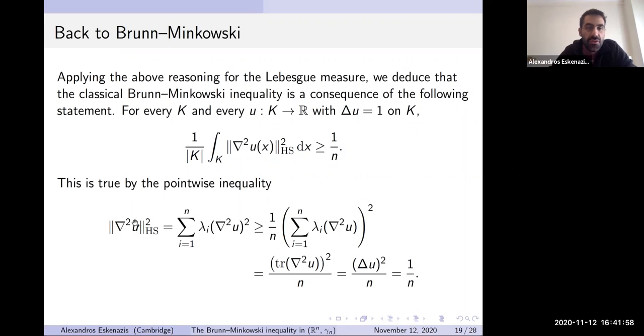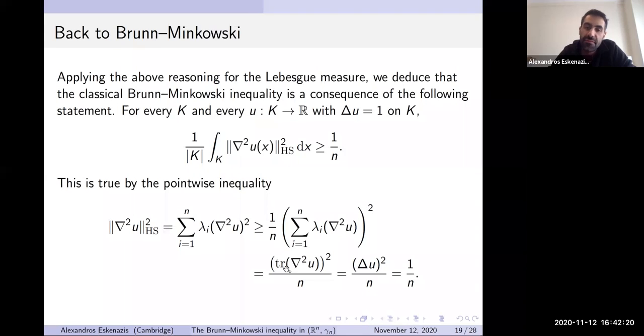Now, the Hessian of U squared, the Hilbert-Schmidt norm of the Hessian squared, is simply the sum of the eigenvalues of the Hessian squared. That's just what the Hilbert-Schmidt norm is. And now you can use Cauchy-Schwarz and bound this below by 1 over n times the sum of the eigenvalues with a square outside.